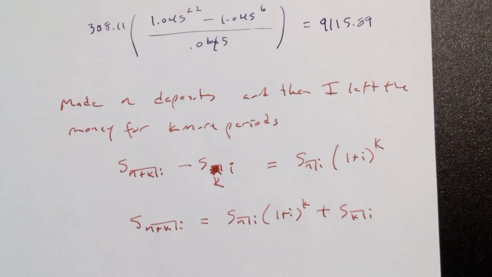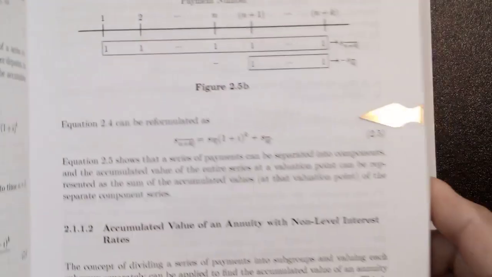The reason it's useful has to deal with the fact that in a level annuity, the interest rate stays the same. But in the real world, what happens to interest rates? Right. And if the interest rates change, then I'm going to run into a problem. By the way, this formula that I was just talking about is here.